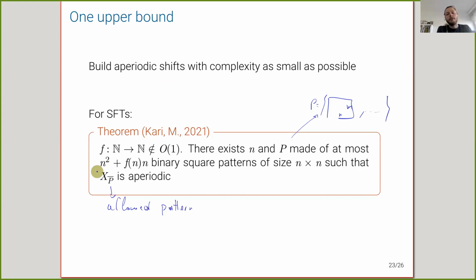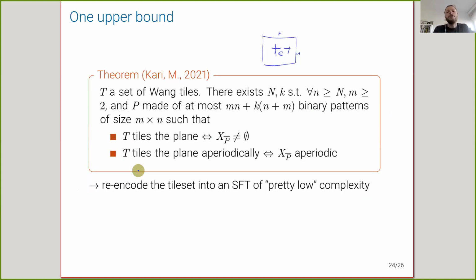because this bound of n squared plus f of n is based on a generic re-encoding setting. So here we can really re-encode any set of Wang tiles in this pretty low complexity manner.